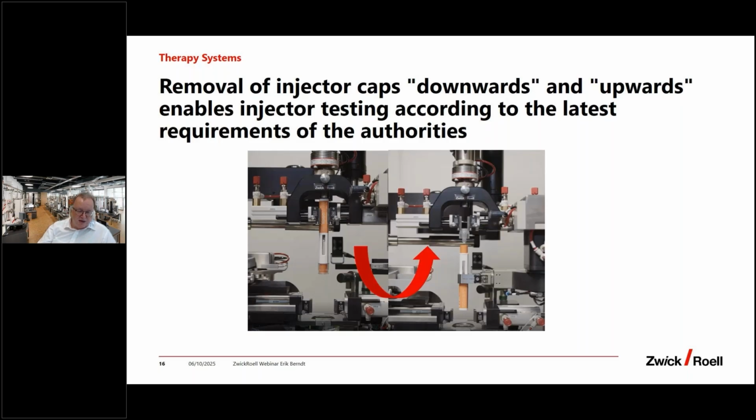The pharma companies solved it by introducing remarks in the instructions for use.